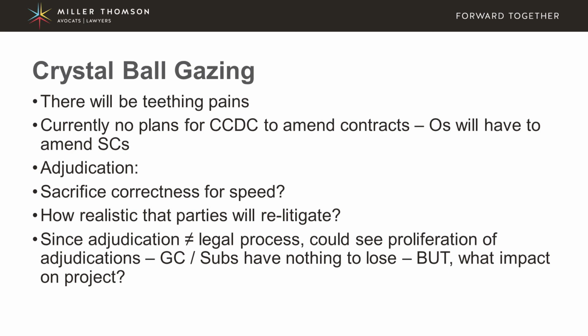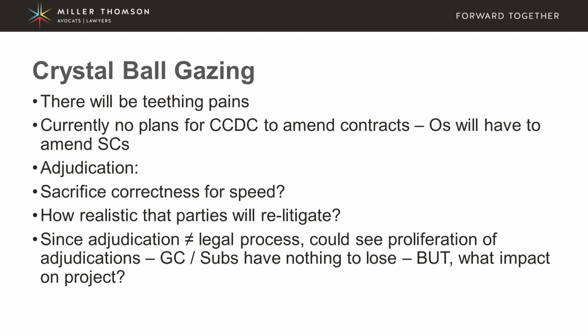The process of adjudication raises the question, will parties be sacrificing the correctness of a determination or a decision in the interest of speed? And as I mentioned earlier, parties can also relitigate. So you can litigate at the same time or you can relitigate a determination. But is it realistic that a party will do that?